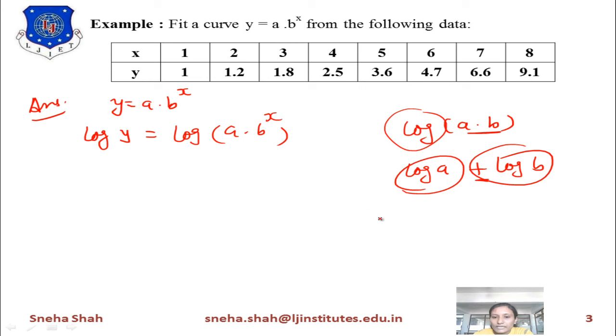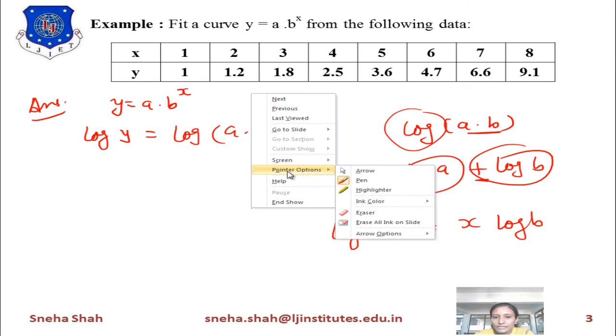Similarly, if I am taking b raised to x and taking log of this, then you can write this term as x goes over here, so x into log b. So if I apply this rule to this equation, the next step of this equation will be represented by this.